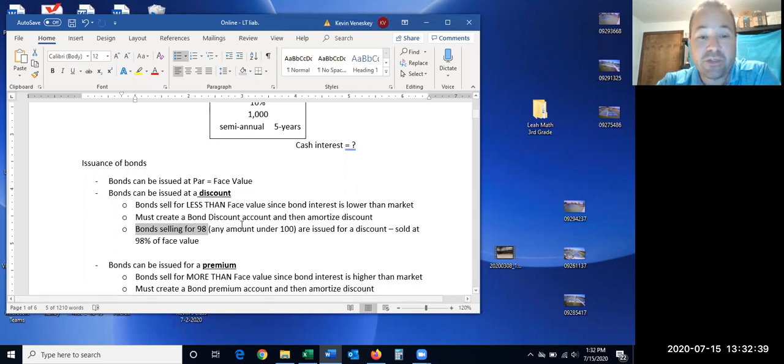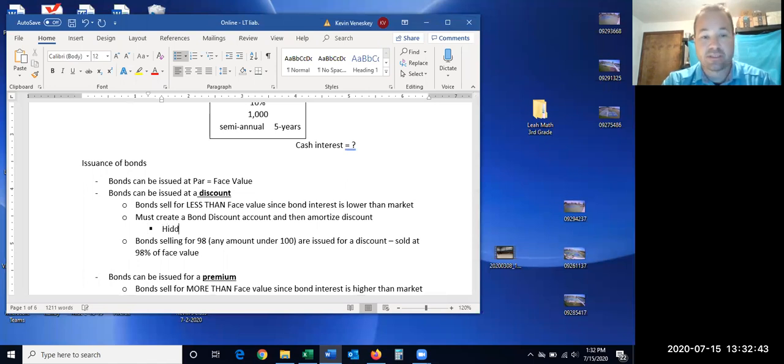You have to think of bond discounts as hidden interest. Hidden interest meaning that extra $50 that I'm going to pay them back, because they only paid me $950, but I'm going to pay them back 1,000 in 5 years. That's like an extra little interest payment that I'm giving them.